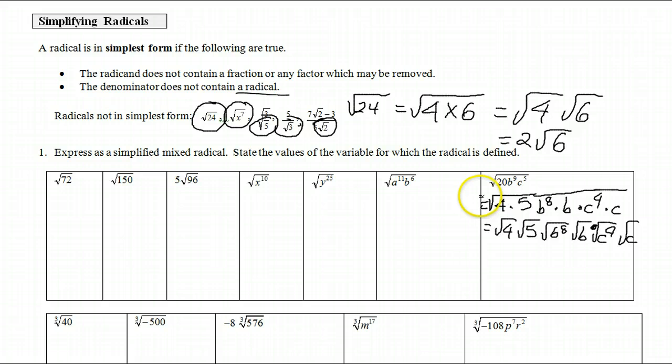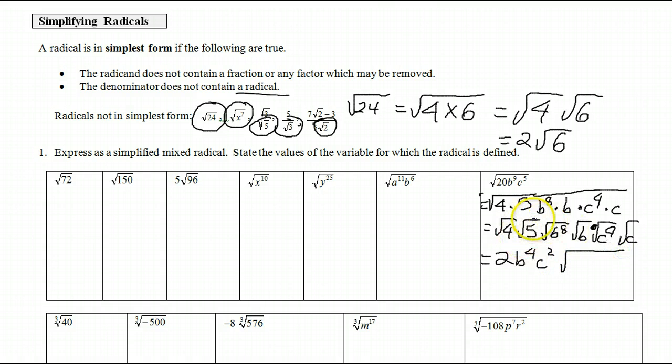So you really don't need to write this line here. You can go straight down to root 4 times root 5, which becomes, okay, what has roots? Well, 4 has a root, it's 2. b to the 8th has a root, b to the 4th. c to the 4th has a root, it's c squared. And then what's left? And this we put together, right?